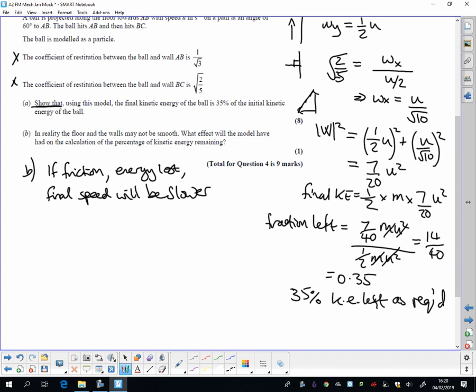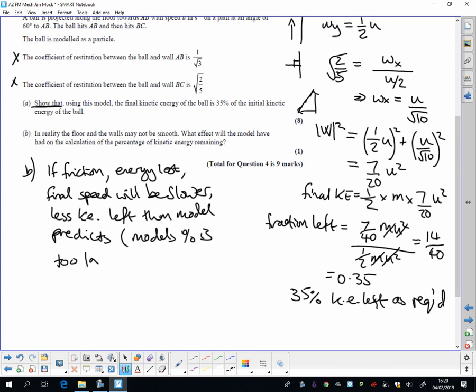If our final speed's slower, there's going to be less kinetic energy left than the model predicts. So the model percentage is too large. Anything that explains that the model has predicted too high.